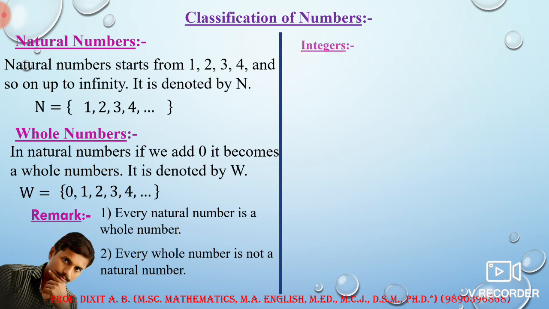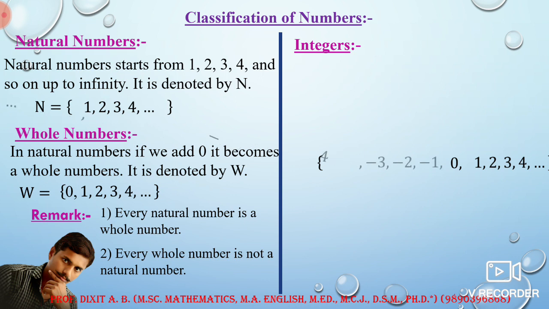Now we'll see the third type, that is integers. How can I define the integers? For defining the integers, I will take all the whole numbers first. Whole numbers are 0, 1, 2, 3, 4 and so on up to infinity. Also I have the set of natural numbers.